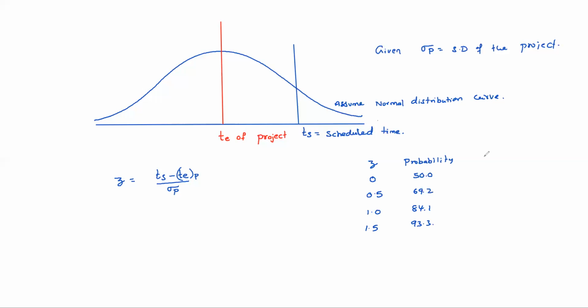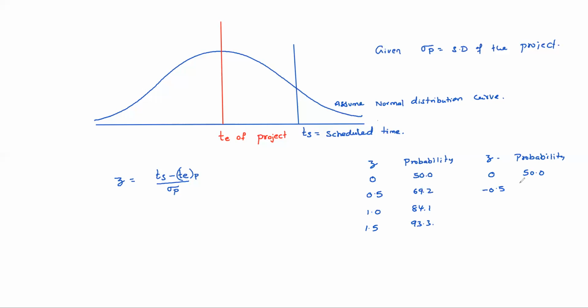Obviously, there are minus values too. Z value and probability: 0 is 50. Can you guess the probability for Z of minus 0.5? 50 to 69.2 is 19.2, so just subtract 19.2 from 50.